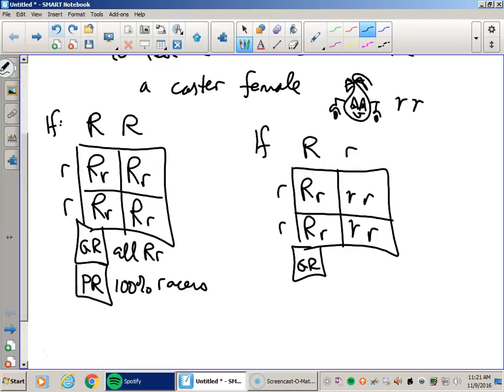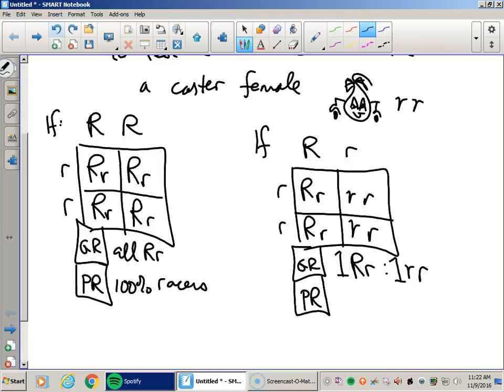What's our genotype ratio for this cross? One big R, little r. Yeah, it's one little r, little r. Good. That's what you saw in your mind, right? Okay. Cool.